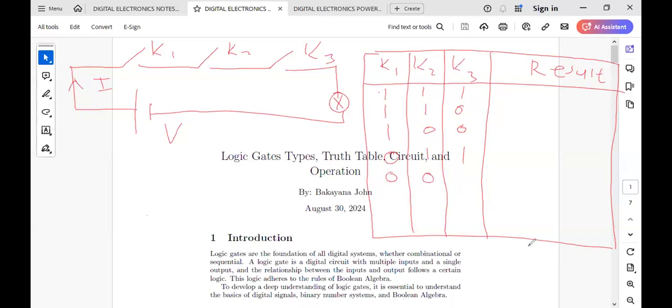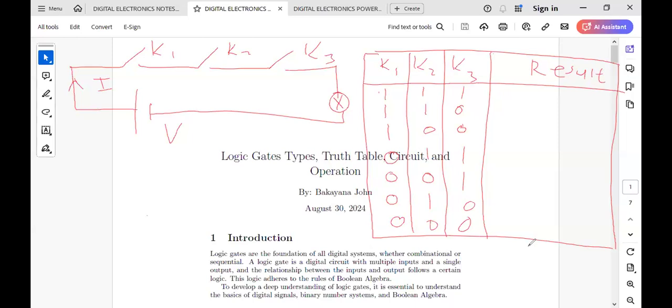Which other possibility? Open, closed, open, and then the last one is when all of them are open. So how many possibilities are those? These are 7. They should be 8.